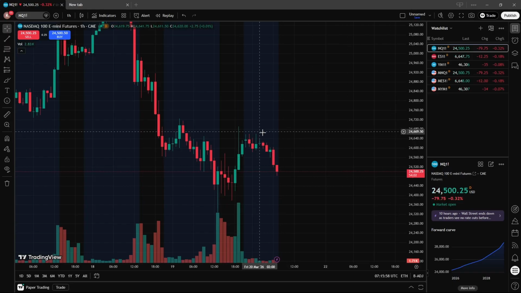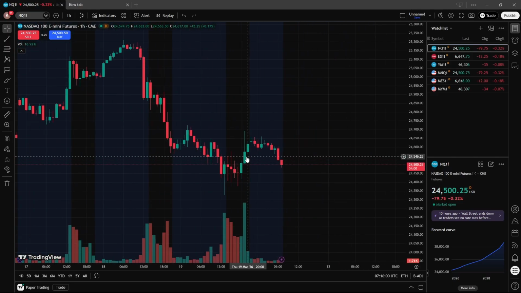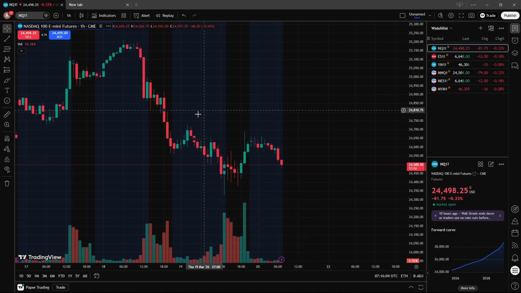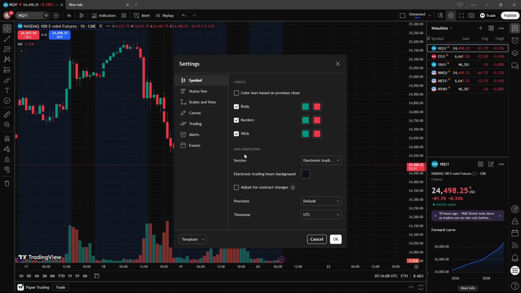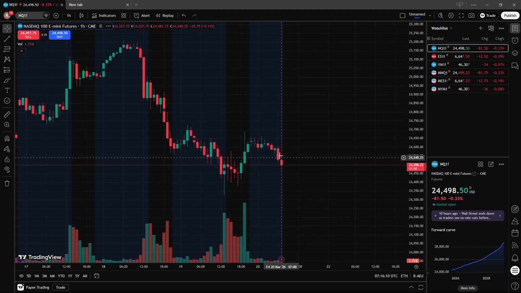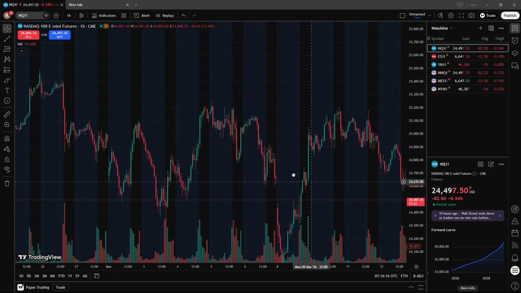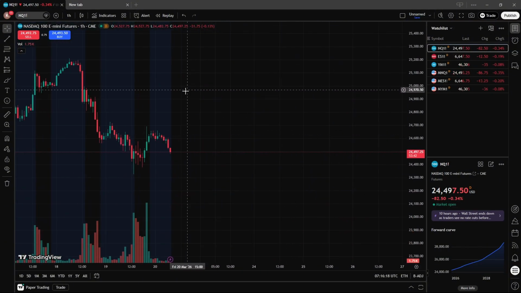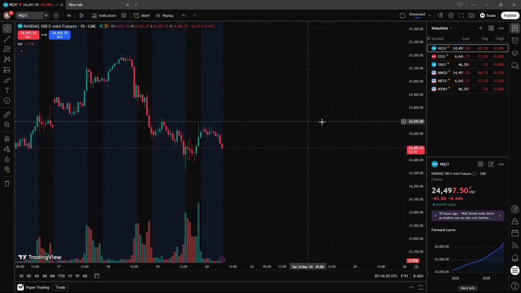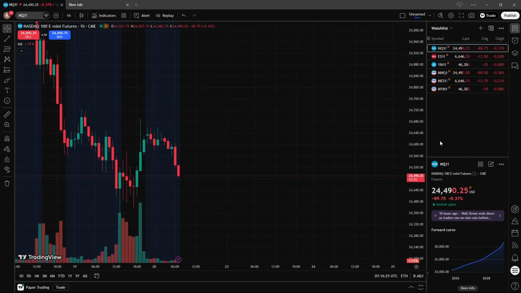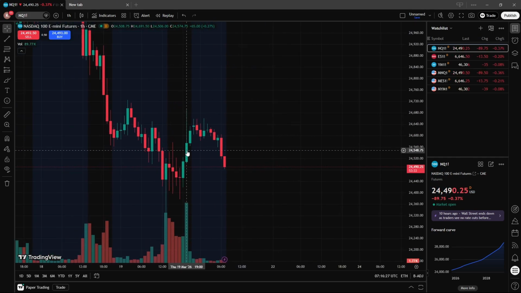For me, I'll change my bullish candles, which are these green ones, to white in color, and bearish ones to black in color. Chart colors are really up to you, and you can change it to whatever floats your boat the best. But honestly, the colors like I mentioned work best for me, so I'm just gonna be using that.